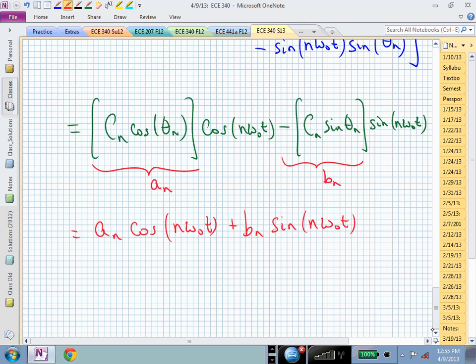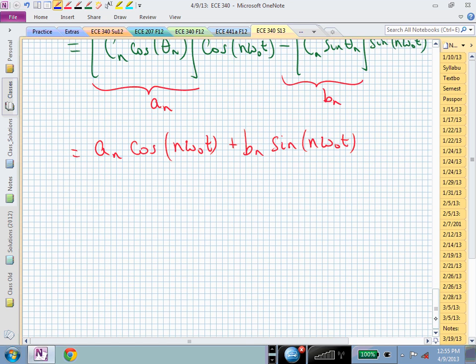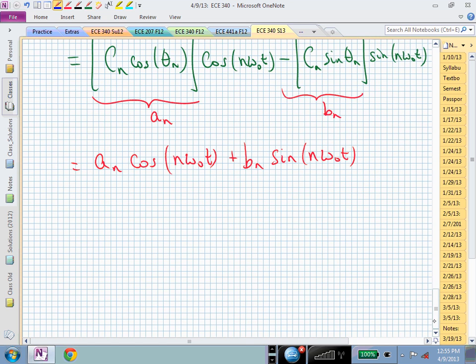If I now make that connection, or define the little a and the little b relative to the capital C and the angle theta sub n, I can now say that a sub n, little a sub n, is capital C sub n cosine of theta sub n, and that's just a number.